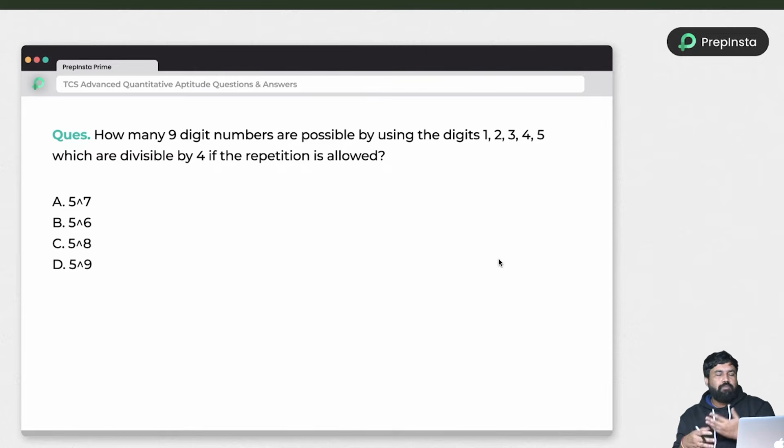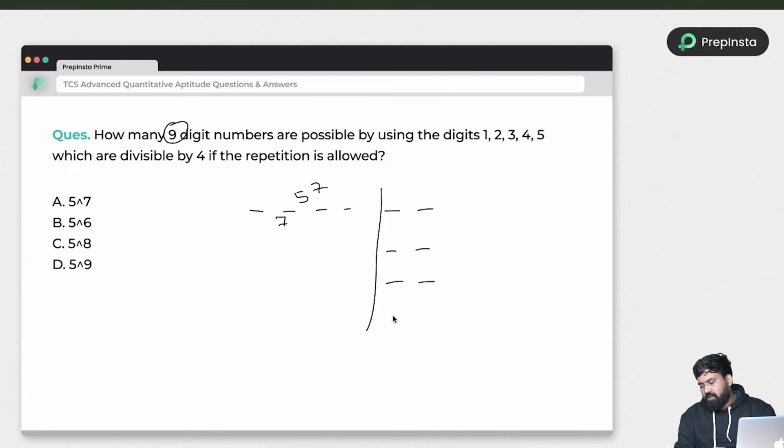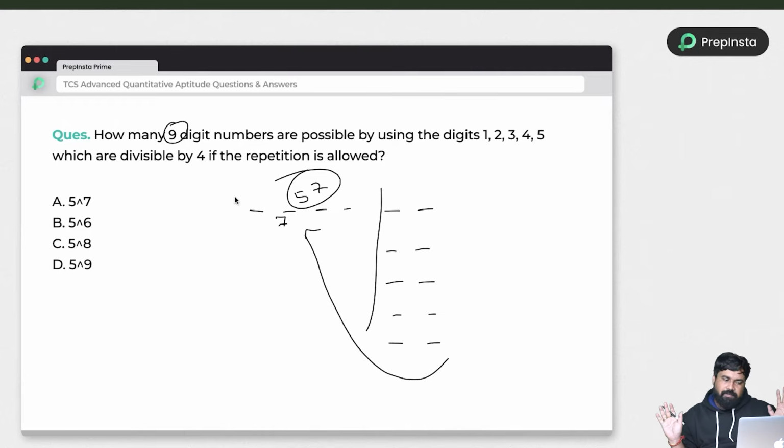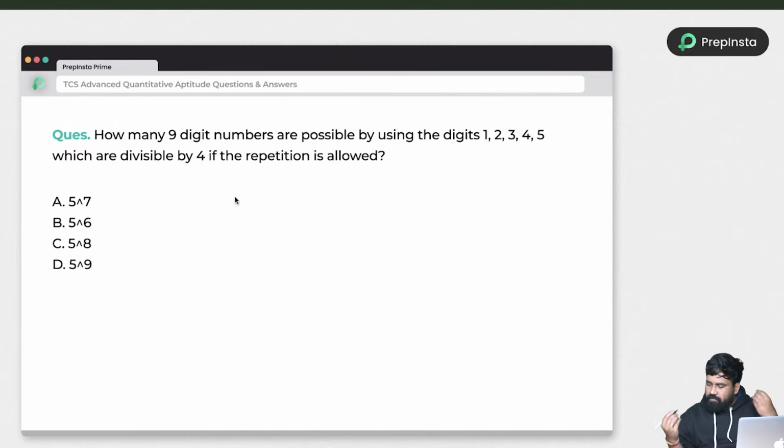It's all about your preparation, right? If you are already prepared, you will see 2 digits and the remaining 7 digits, and the 7 digits will be 5 power 7, and you need to find how many multiples of 4 there are, and multiply with 5 power 7. That's it. All these always come by practice and theoretical concepts before practice.